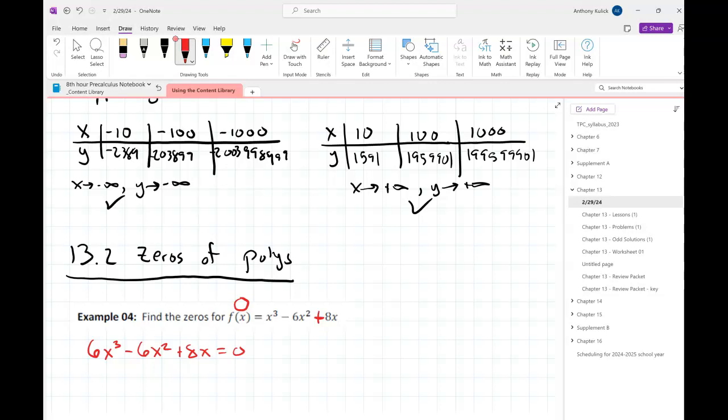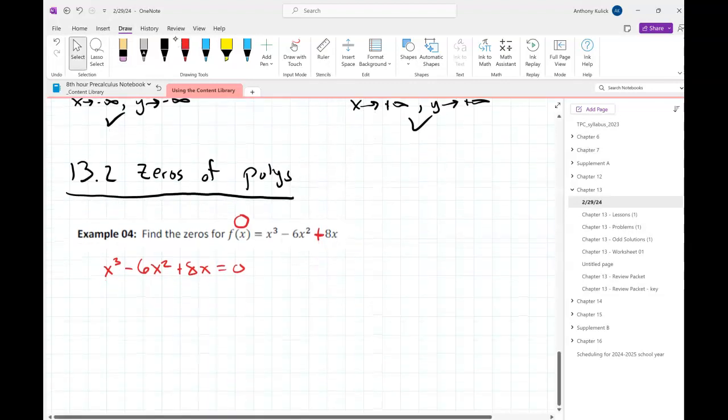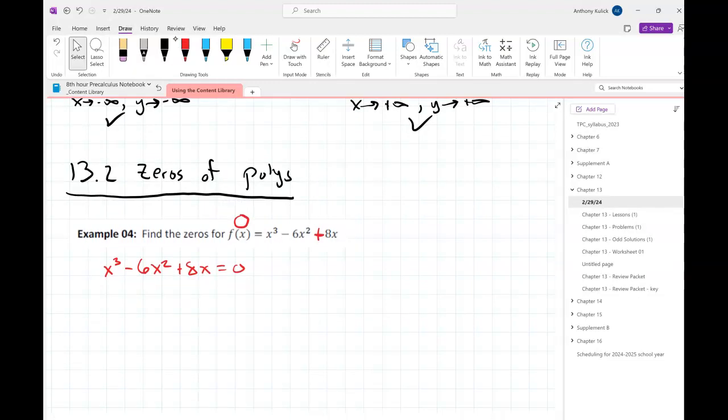So we're going to try to solve this equation. I don't know why I put the 6 in front. You should have said something when you saw me write it. Okay, we have a polynomial that's equal to 0. We want to solve this for x. My first step should be look for a greatest common factor.